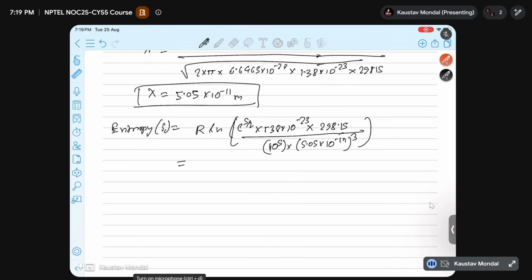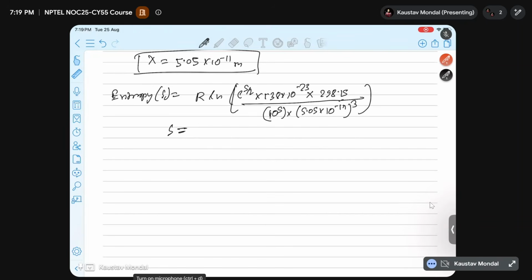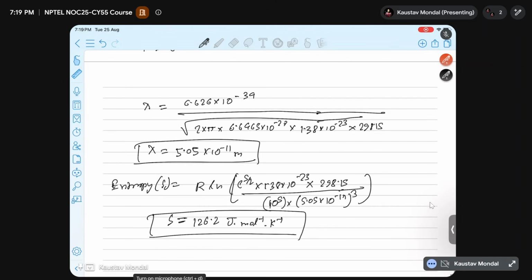So calculate it, entropy will give you 126.2 joule mole inverse Kelvin inverse. Okay, so this is the value of entropy you'll get.